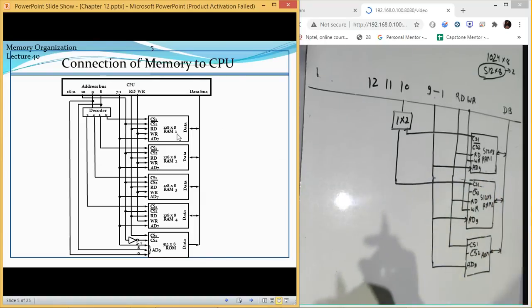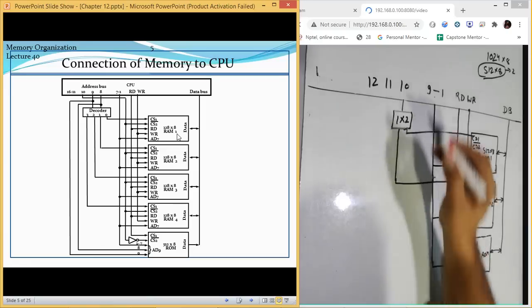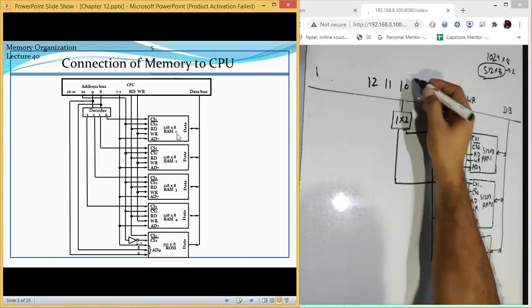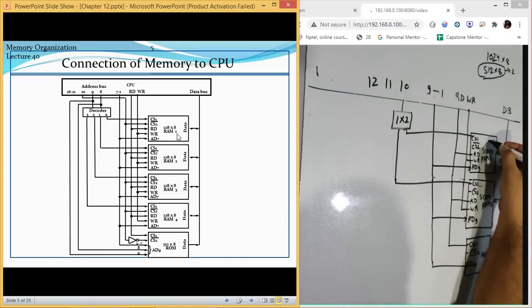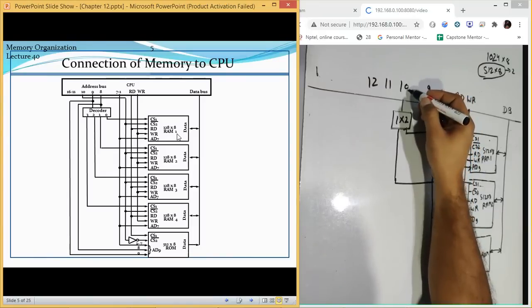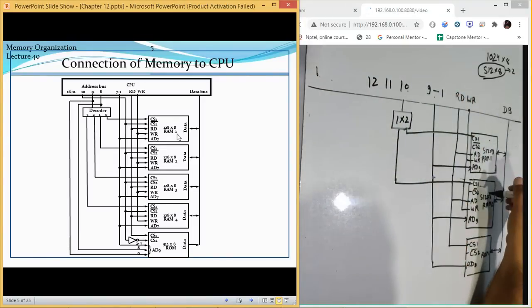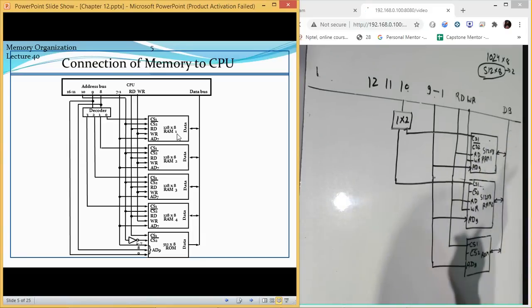Okay, so this will work in the second case. If this value of 10 is 0, then it means this RAM chip will work. If the value of 10th bit is 1, then this one will work. Means out of these two, one is going to work at one time.